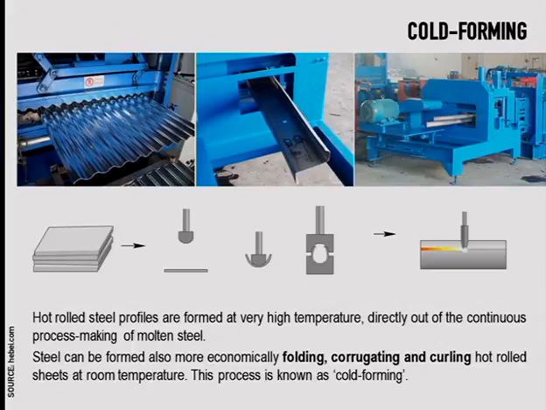So by curling we get tubes or pipes, and by folding we get, for instance, this Z-shaped purlin. You see here? This is by folding, and we can corrugate sheets, for instance, for decking or cladding applications. So these are the type of things we can do, and these are cold formed, so they are not heated up. All right, they're already in shape.